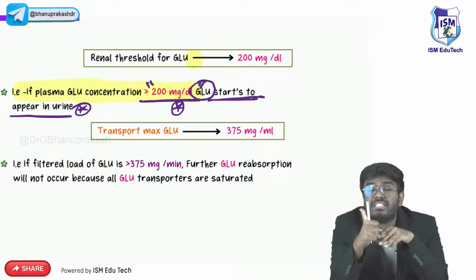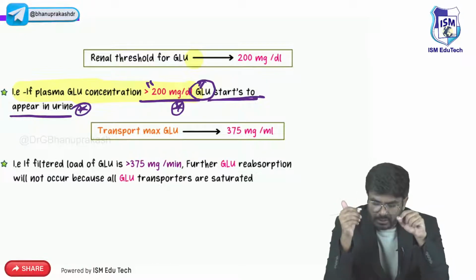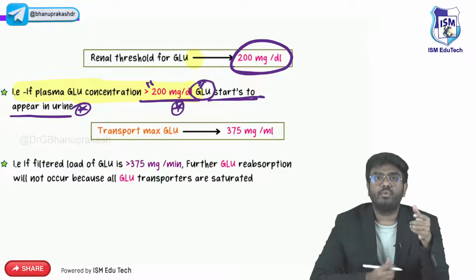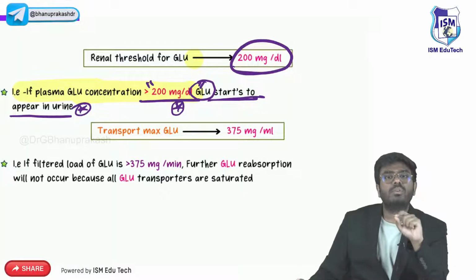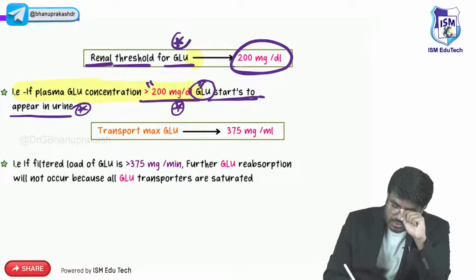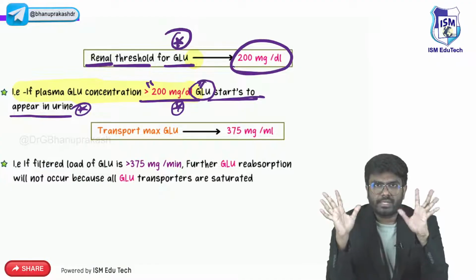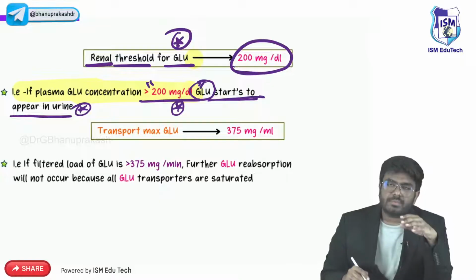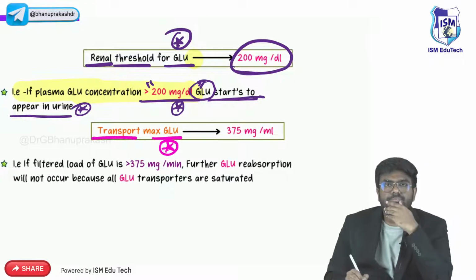So at 200 milligrams per deciliter, some amount of glucose will start to come out in the urine. This value is called the renal threshold for glucose. So, direct value: the renal threshold for glucose is 200 milligrams per deciliter. Done. Next MCQ is the Tmax for glucose, the transport maximum for glucose.